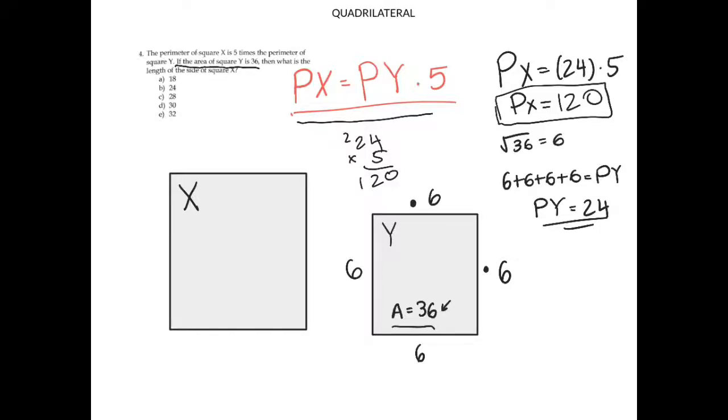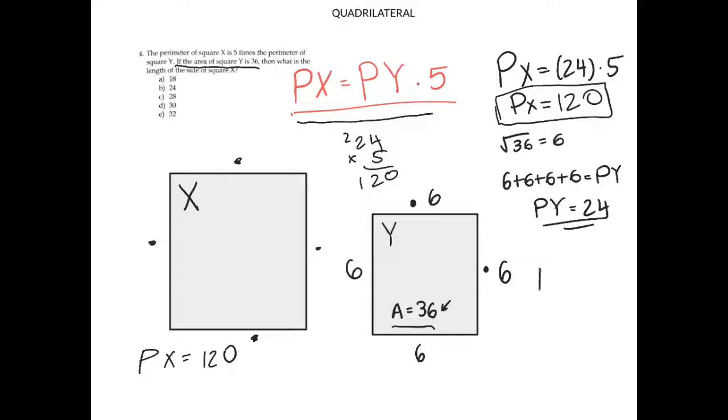Now we have the perimeter of our x square. So Px is equal to 120. Now we have to find the side length of the square. To find the side length, all you have to do is divide 120, which is our Px, by 4, because these four sides added together will equal 120.